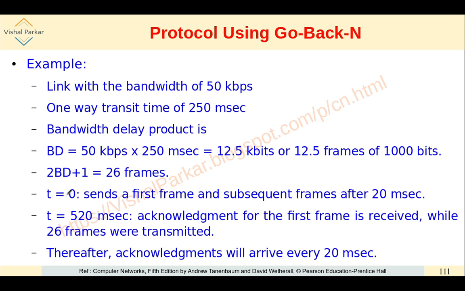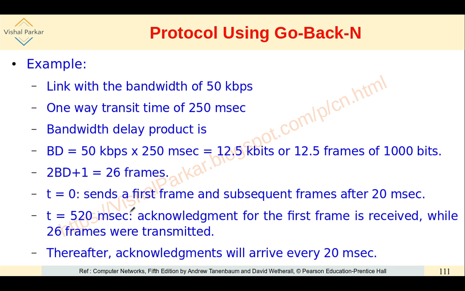Now with this, at the initial time, that is T equal to 0, the sender sends a first frame and subsequent frames after every 20 milliseconds. At the time T, which is 520 milliseconds, as we have seen previously, the acknowledgement for the first frame has been received, whereas at the same time, the 26 frames have already been transmitted, because it took 20 milliseconds for one frame, so 520 milliseconds for 26 frames.